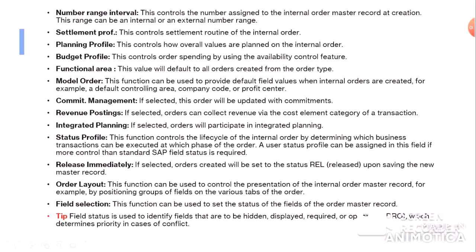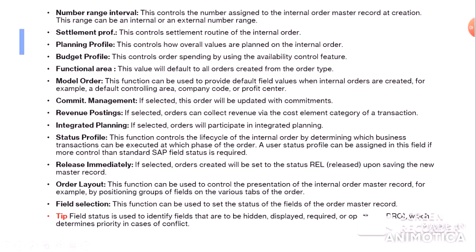Budget profile: this controls order spending by using the availability control feature. Functional area: this value will default to all orders created from the order type. The model order: this function can be used to provide default field values when internal orders are created, for example, a default controlling area, company code, or profit center.